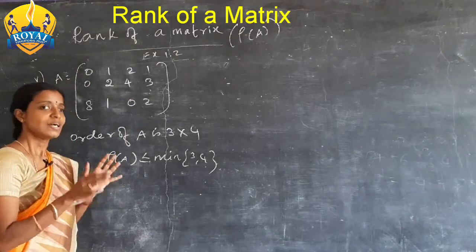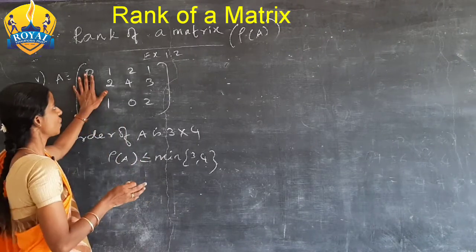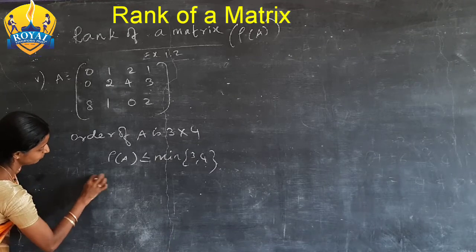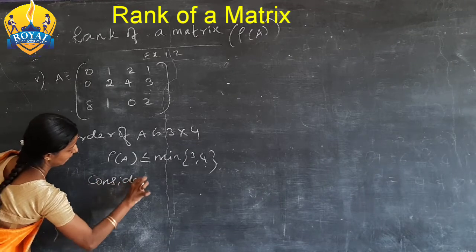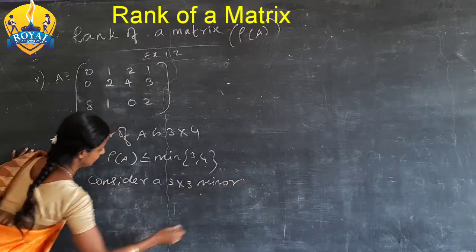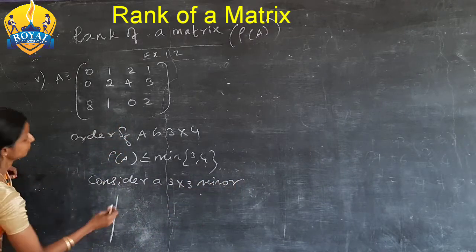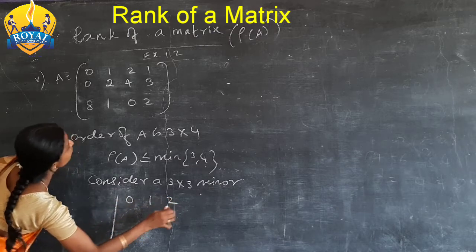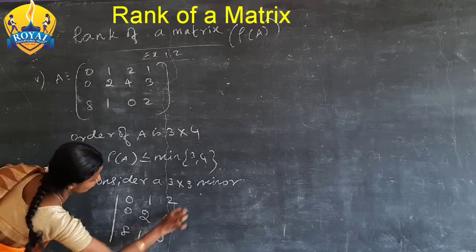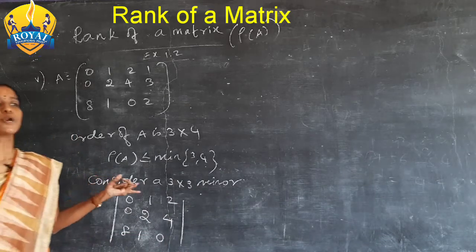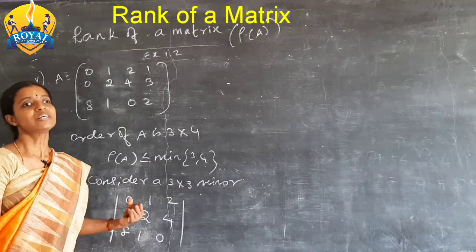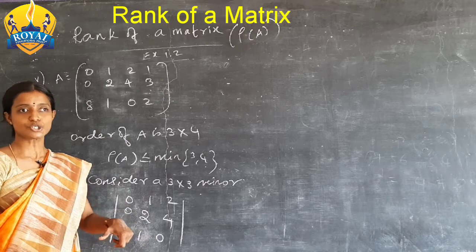Now first let us consider first column, second column and third column. So let me consider a 3 cross 3 minor. I am going to consider 0, 1, 2, 0, 2, 4, 8, 1, 0. As in the previous problem, we are going to expand this using the determinant method and check whether it is equal to 0 or not equal to 0.